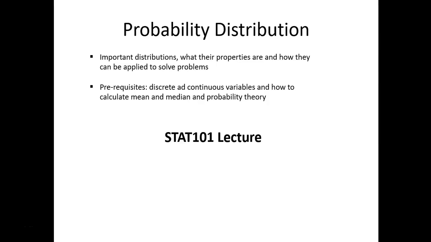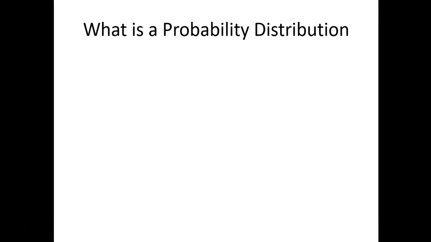So if you want, you can refer to the Stat 101 lecture, which talks about discrete and continuous variables and mean and median, and there is a separate lecture on probability theory that you can go through in order to get a better understanding of probability.